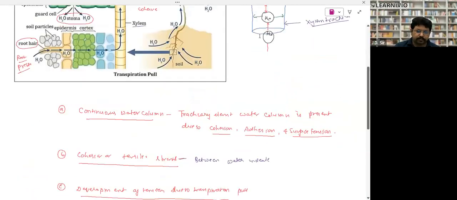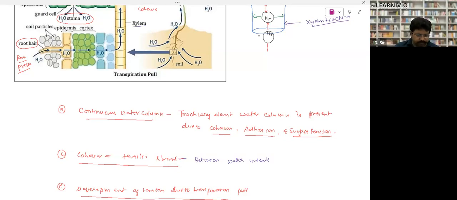First, subheading A, continuous water column. There is a continuous column of water from root through stem into leaves.